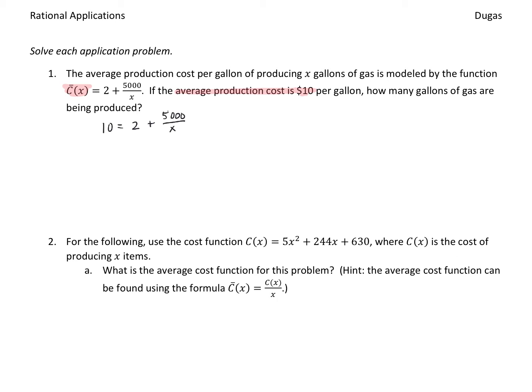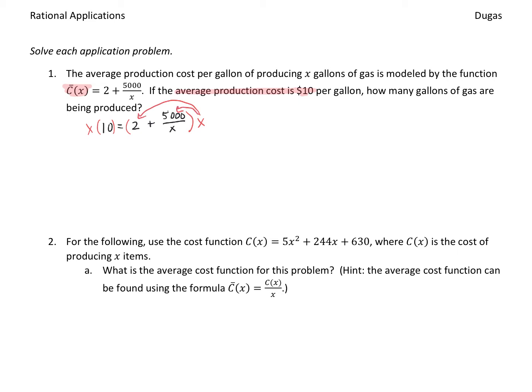Since X is in the denominator, and that is the only denominator, that means we can get rid of it by multiplying both sides of the equation by X. So if we do that, that means we're going to be distributing it on the right-hand side.